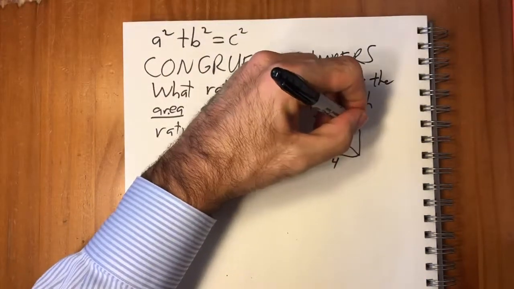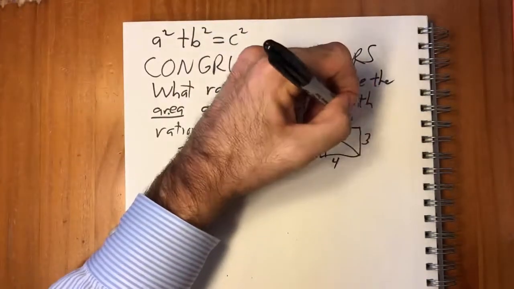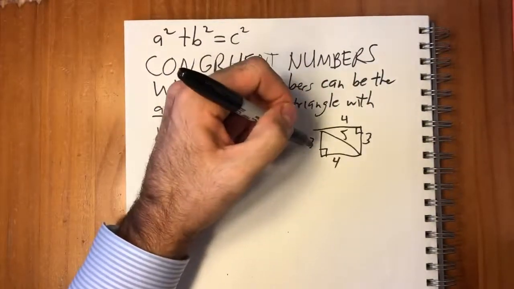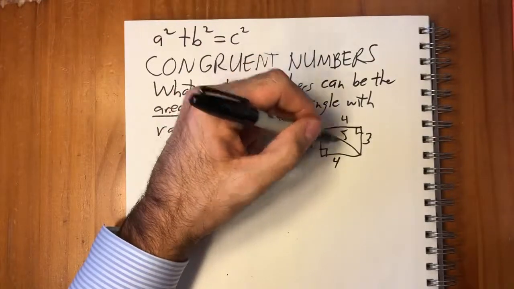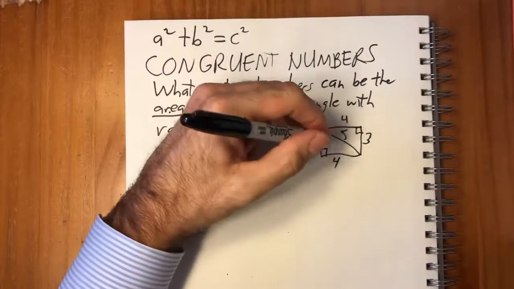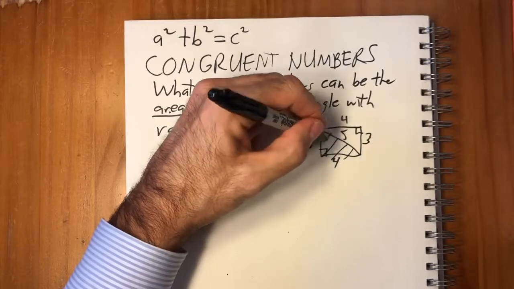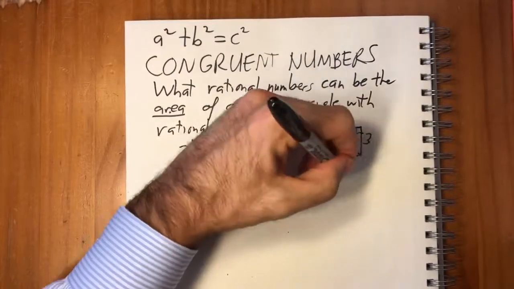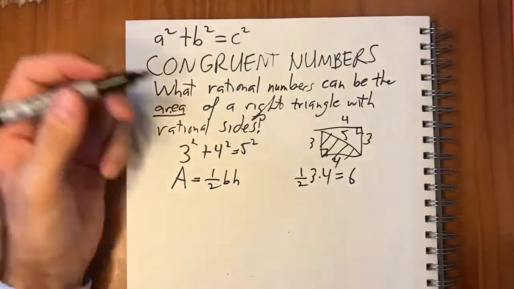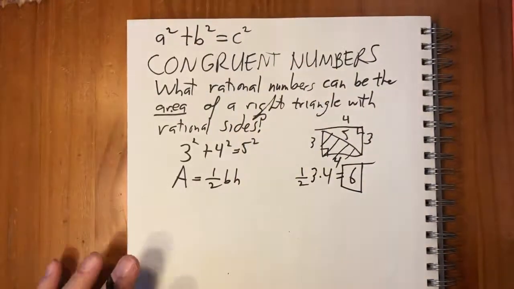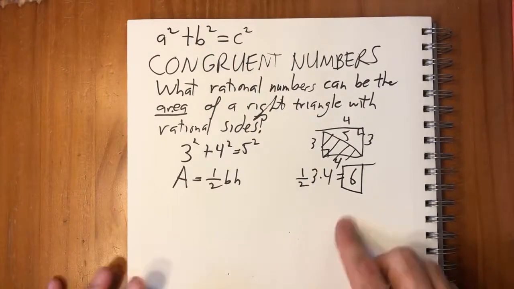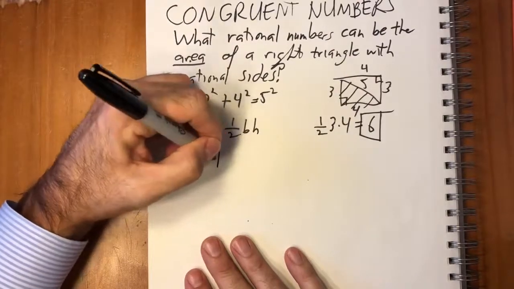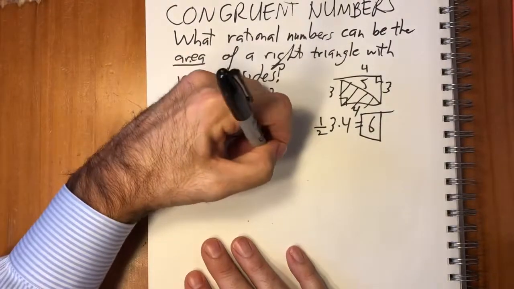If we just draw a rectangle, then the sides of the rectangle are 3 and 4, so 3 times 4 is 12. If you divide that by 2, it's 6. So the area of this triangle is 1/2 times 3 times 4 equals 6, okay? So 6 is a congruent number. The question we want to answer is, is 1 a congruent number?